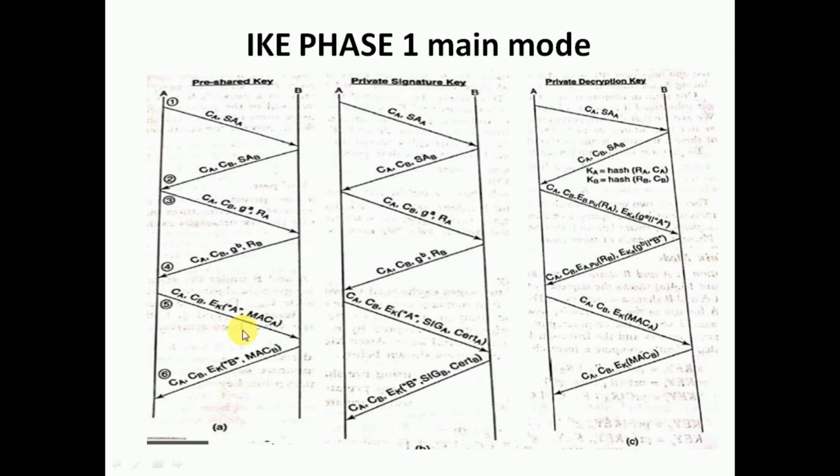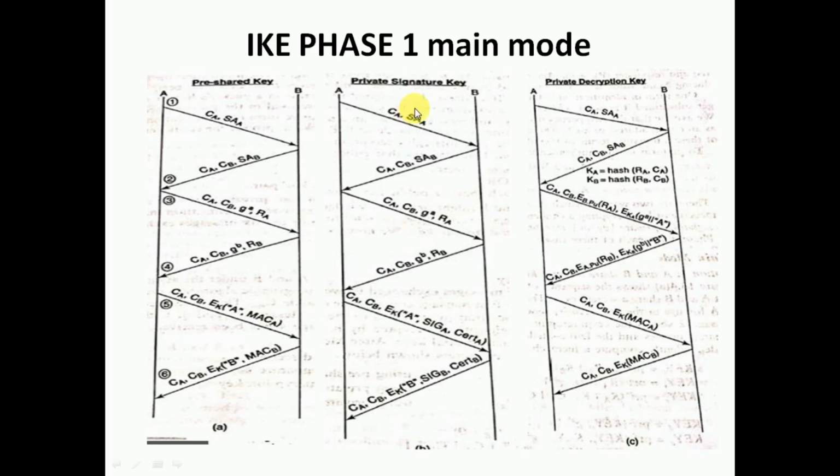RA and RB are the 2 nonces, and G raised to A, G raised to B, are the 2 Diffie-Hellman partial keys. They exchange these in the 3rd and 4th messages. Then after message 4 has been received, A and B independently compute the hierarchy of secret keys such as key R, key S, key A, etc.